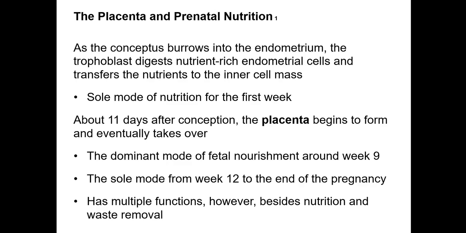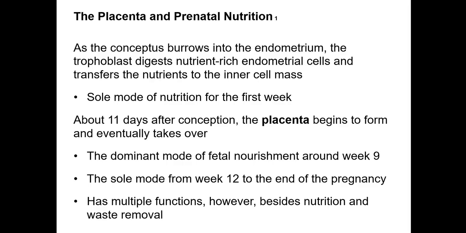So as that conceptus starts to embed in that endometrium, we talked about how the trophoblasts will start to digest certain endometrial cells, and then they'll transfer those nutrients to that inner cell mass. So this is how that inner cell mass will get its nutrition for about the first week of development after implantation.